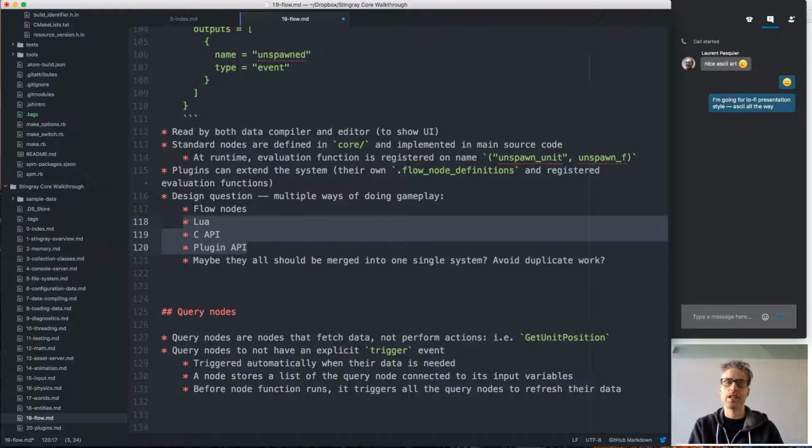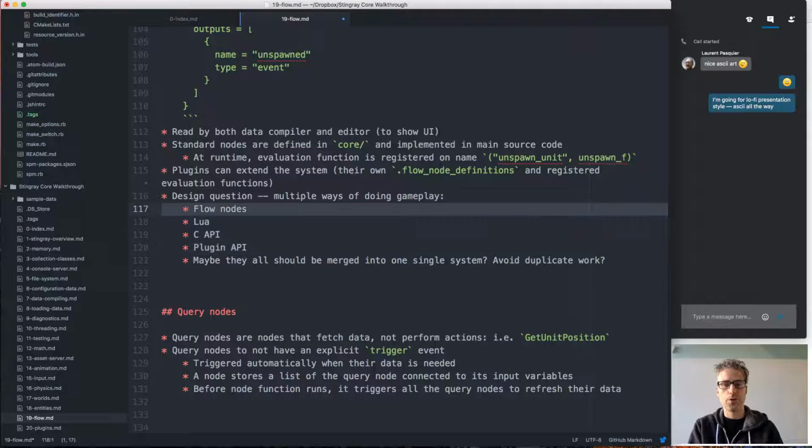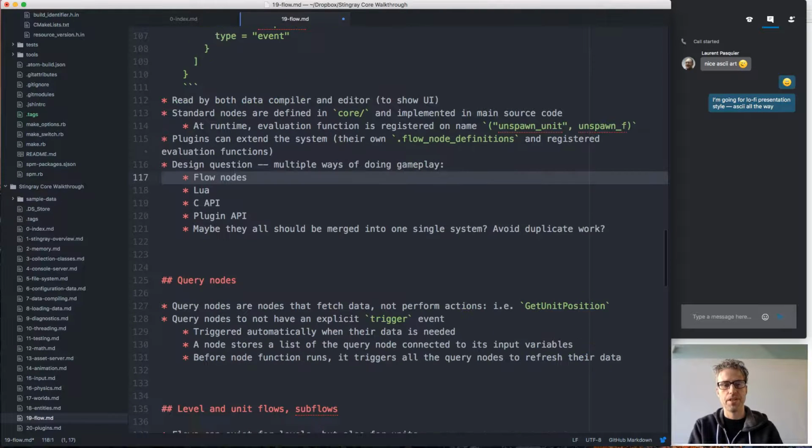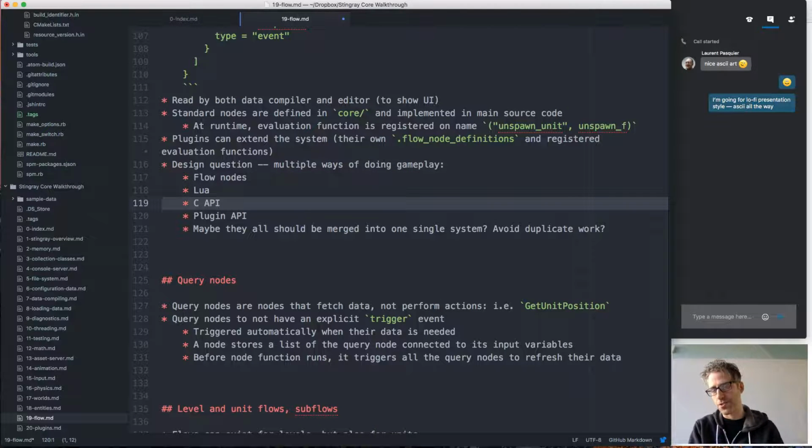And then you can ask, well, maybe we should merge the flow nodes as well. Instead of having this system, the flow nodes should just directly be the C functions in the C API. So it should just be regular C functions and then just some graphical way of calling them.